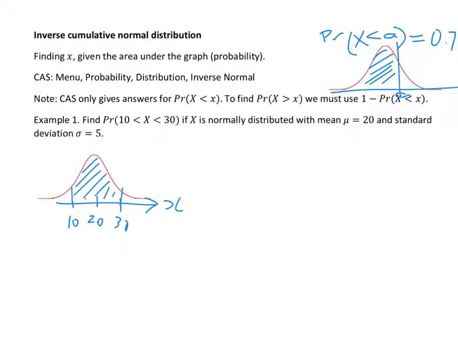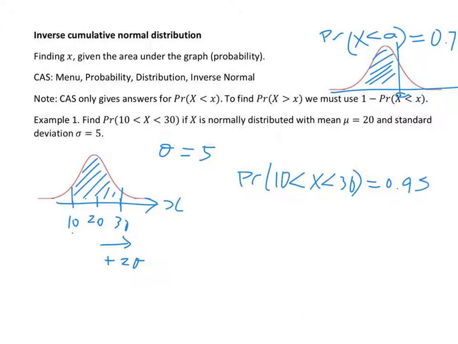You can do this without a calculator because you know that the standard deviation is 5, and that these endpoints 30 and 10 are 2 lots of 5 away from 20. So you could just say the probability that x is between 10 and 30 is 0.95 without a calculator.